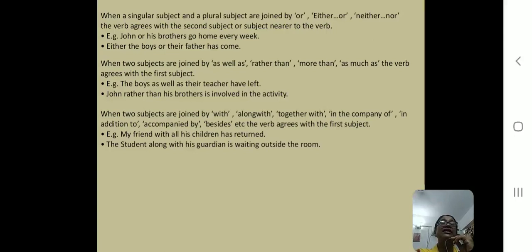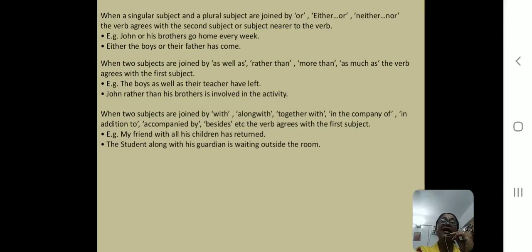As our rule says, the verb should agree with the subject which is nearer to the verb. Here we see John or his brothers. The word brothers is nearer to the verb go, and brothers is plural, so we have used the plural verb go there.